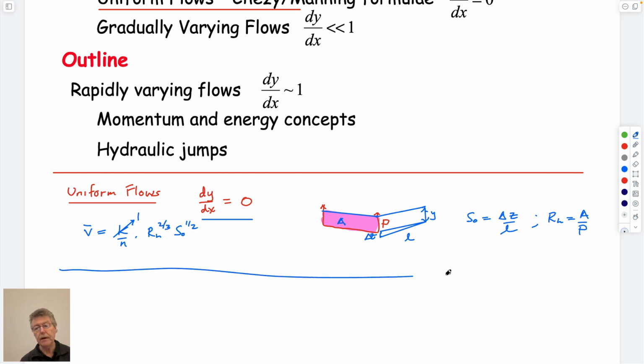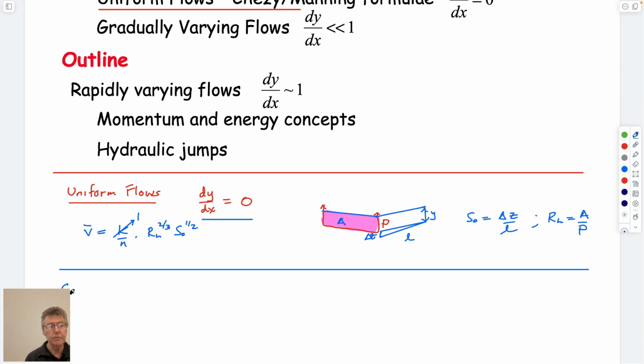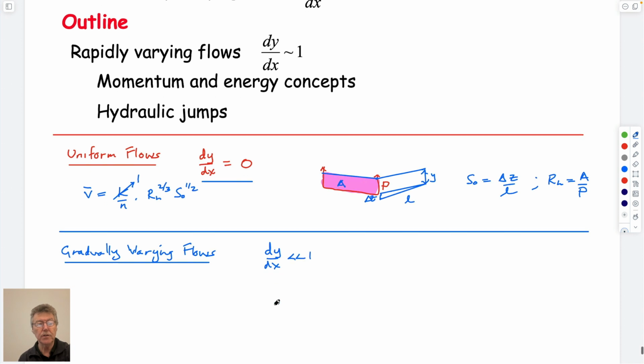If we talk about, which we talked about last time, gradually varying flows, then as you see above, dy dx is much less than 1. So depth does change as you go downstream.